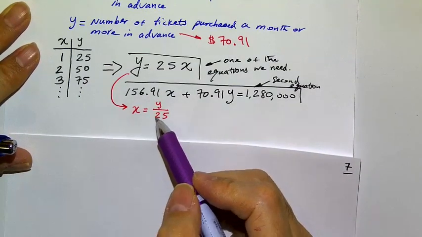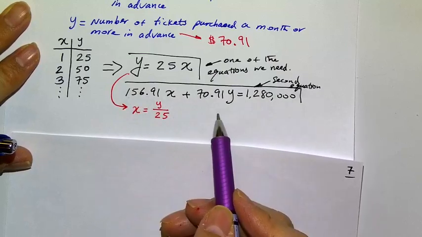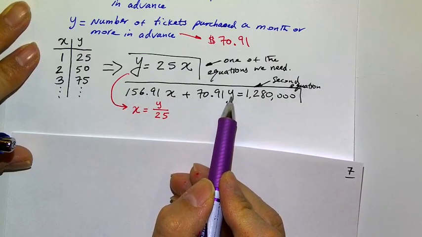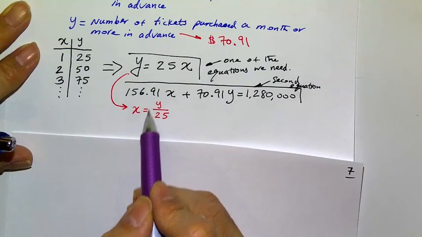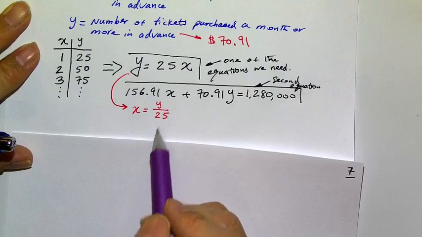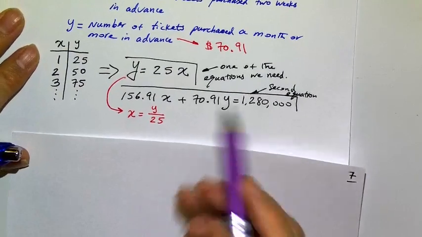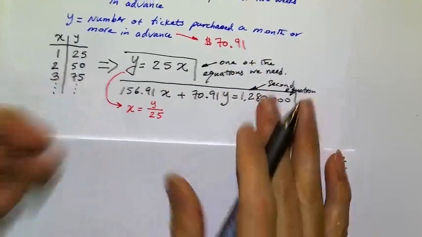This is very helpful because in this longer equation, we're solving for Y, and we can deal with X now by substituting for it with this: X equals Y over 25. Okay, so let me do that here.